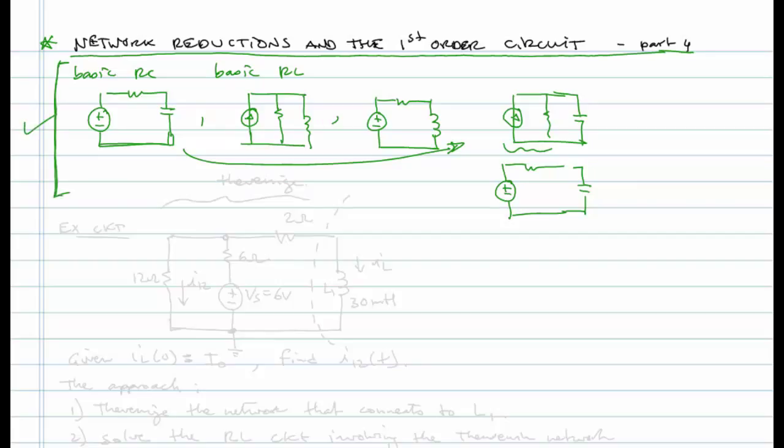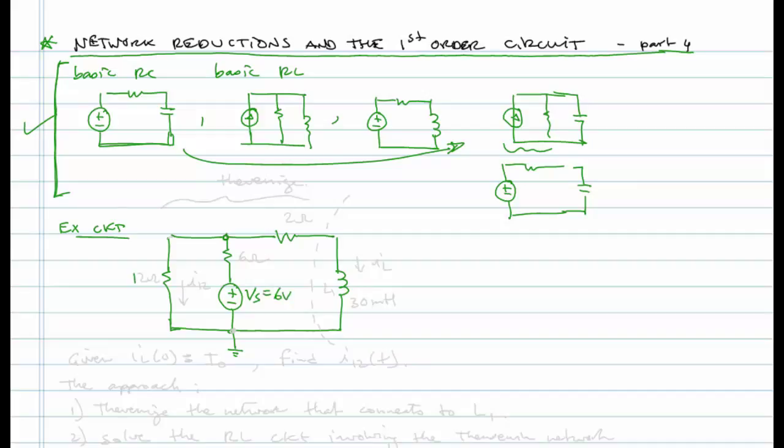Now we want to look at a circuit that's a little more involved and see if we can find the solution. So here's the circuit we're going to look at. Okay, we have a voltage source, Vs, which we'll say is equal to 6 volts.